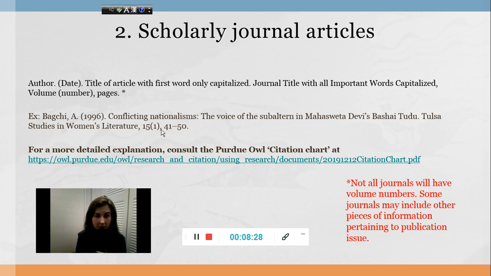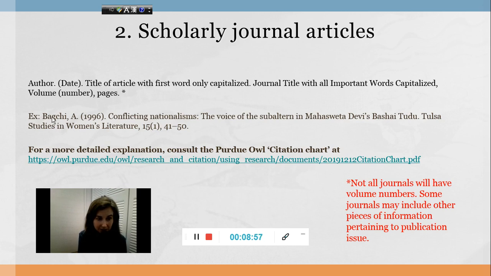Okay, so keep in mind there's an asterisk. Not all journals will have volume numbers. Some journals may include pieces of information pertaining to publication issue. So if it's a shorter journal, it might not have a volume, etc. Okay, so here's an example.